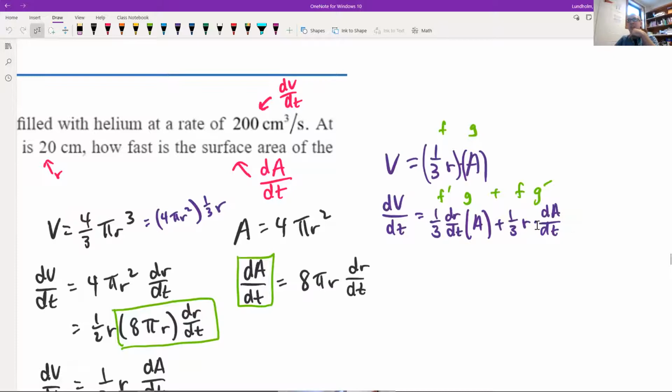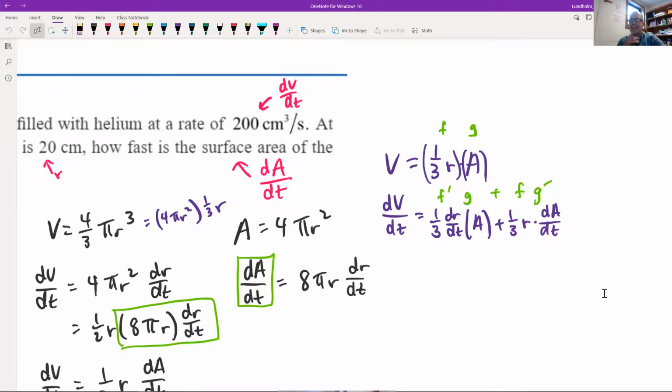Notice as we've done the product rule here, it looks like we've got an A in there that I'd rather not have if possible. Although, we can rewrite that in terms of 4 pi and r squared.